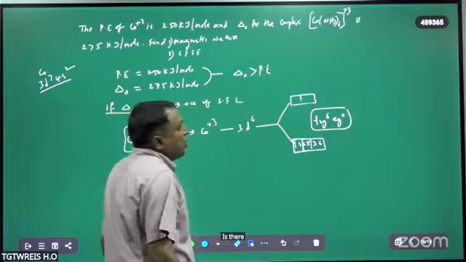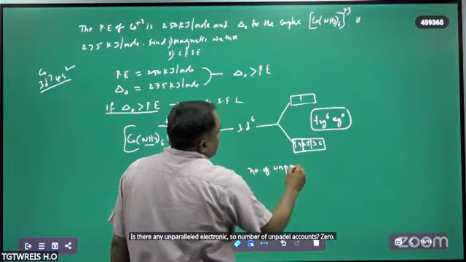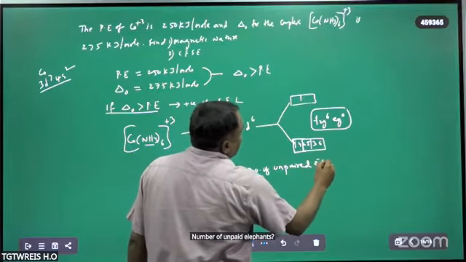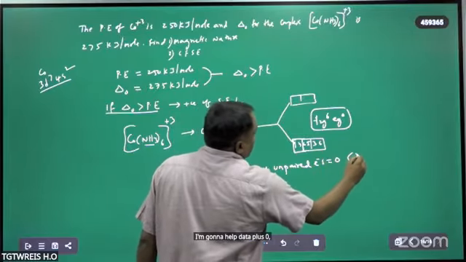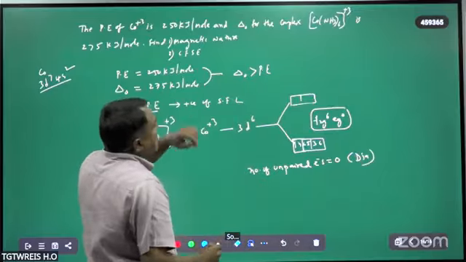Is there any unpaired electron? The number of unpaired electrons is 0. Therefore it is diamagnetic, so the magnetic nature is diamagnetic.